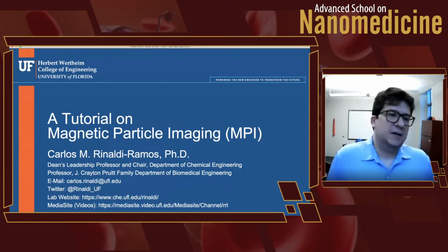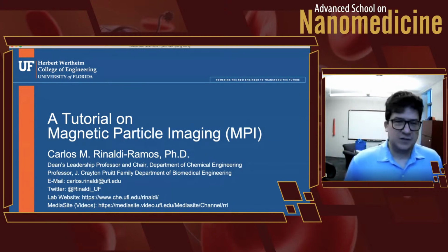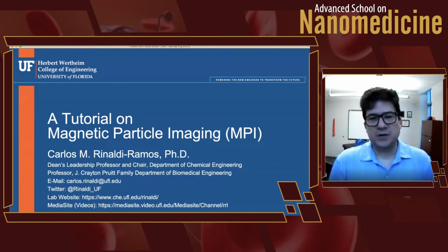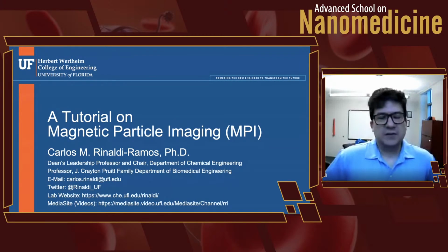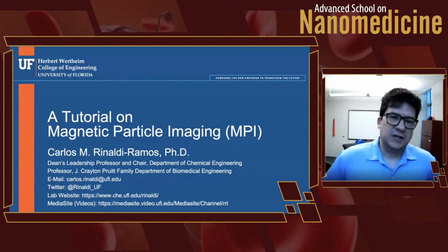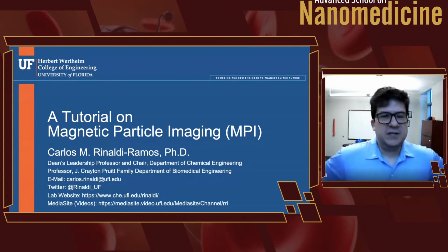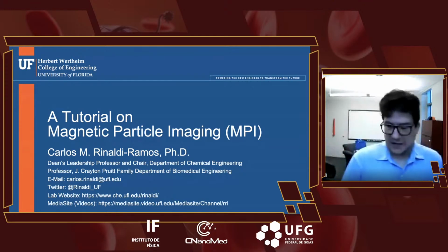I also talked about the effect of finite relaxation on MPI performance, and presented some of our work to obtain particles with low magnetic anisotropy and very few defects that are really suitable for MPI. And I think that was it yesterday. So today I'm going to pick up with one more topic related to particle physics and MPI performance, and then I'm going to talk about a couple of applications that we've been working on in my lab and in collaboration with others.